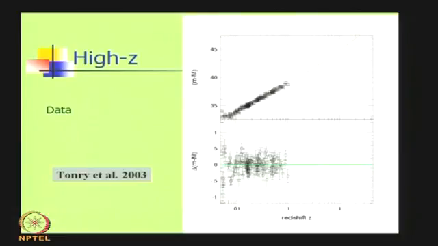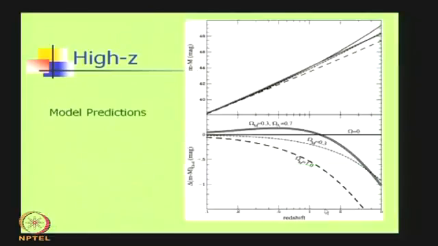So let us look at the data now. This shows you the data including high redshift. Okay, this is as of 2003. So the data extends up to a redshift of somewhat less than 1, it does not go more than 1, it goes to a value just above 0.1, where the different curves start to differ.